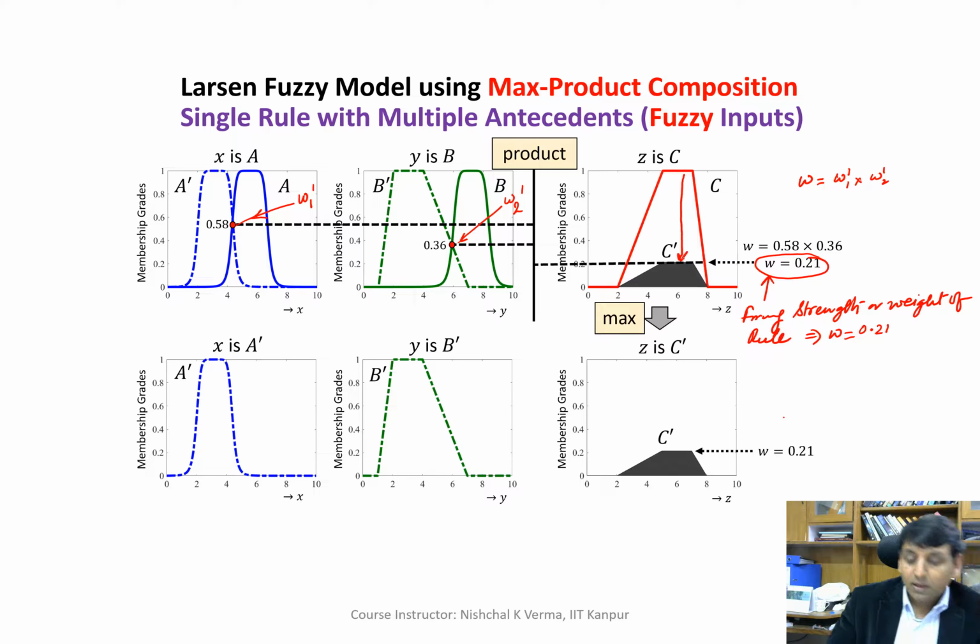Because we have a single rule, max doesn't make any difference. So max of this will remain the same. So here we are getting this as the output, the fuzzy output corresponding to the fuzzy inputs.